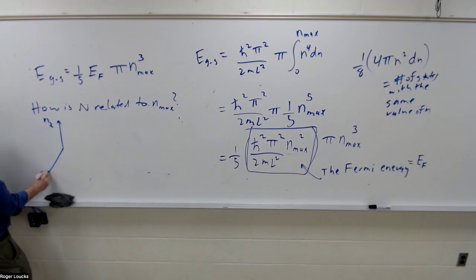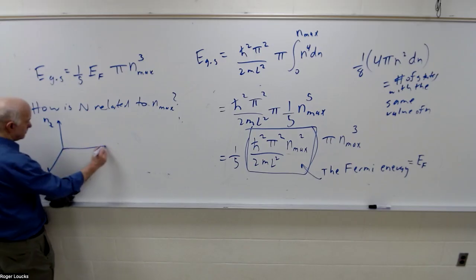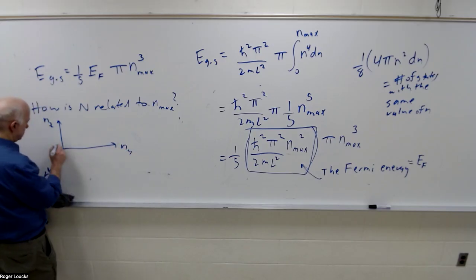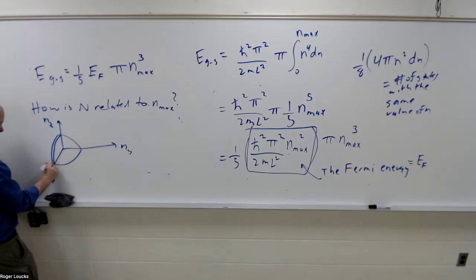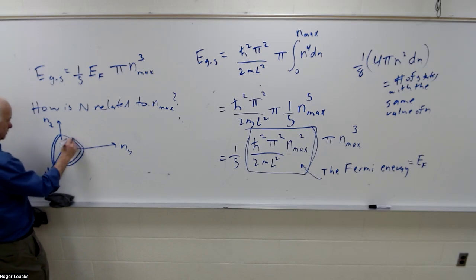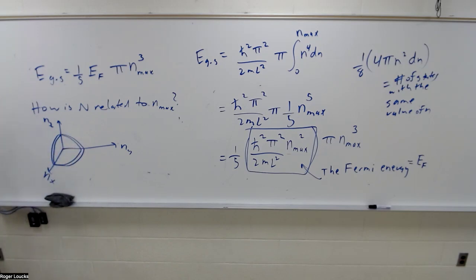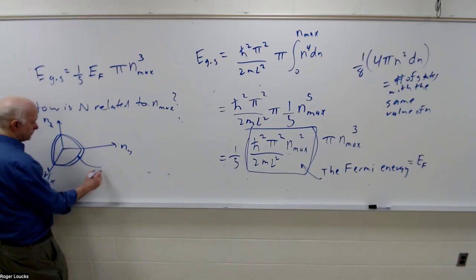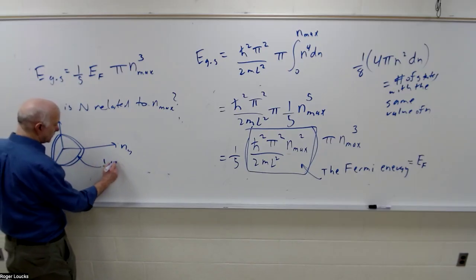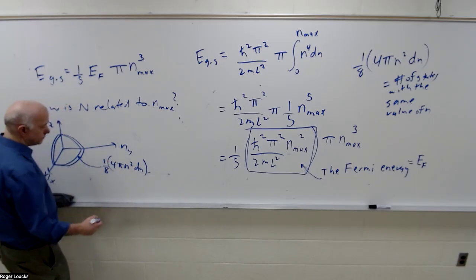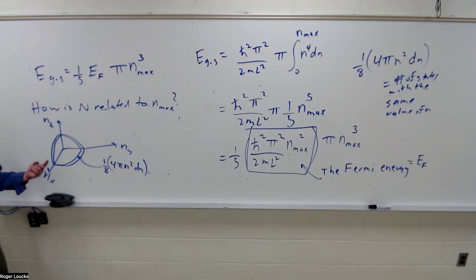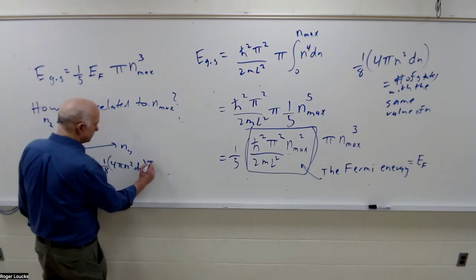This guy here, we said the volume of this guy is 1/8 of 4 pi n squared dn. We said the volume here is the number of states.